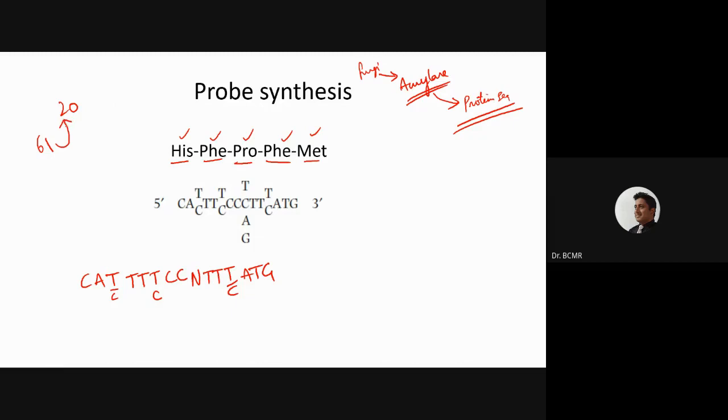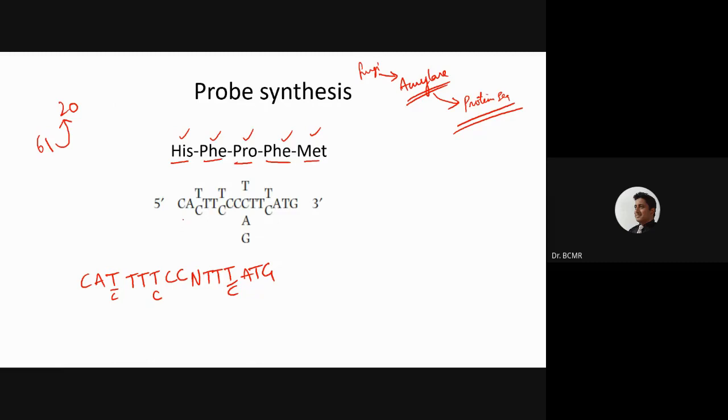That means some amino acids are represented by more than one codon. So we should identify within the protein sequence a region rich in amino acid residues represented by fewer codons.